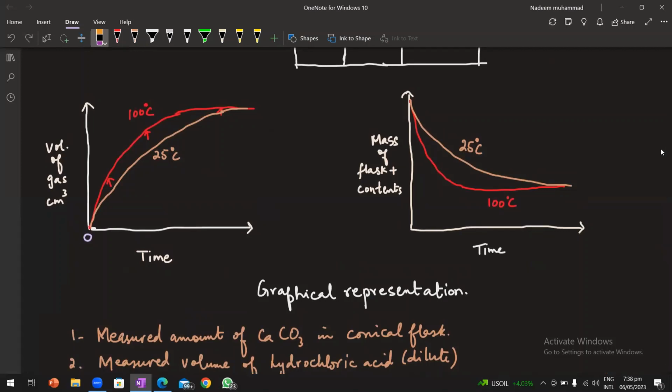You can tell that the rate of the reaction increases with the increase of temperature. So as the rate of reaction increases, the mass of the flask and its contents decreases faster in the beginning. As the reaction is faster at the beginning, then it becomes slower and slower as it ends.